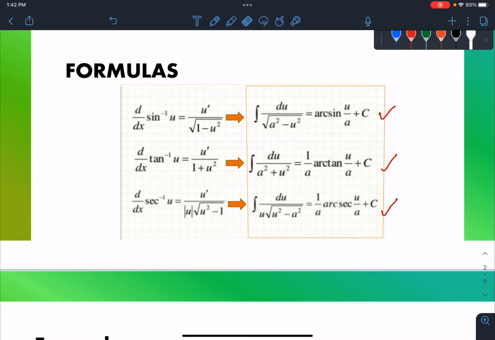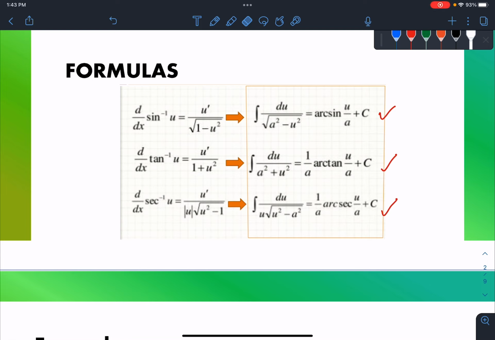The difference is that for arc sine, the constant starts, so a squared minus u squared, where u is the variable part of the integrand. And if it is a sum, a squared plus u squared, that makes it arc tangent.